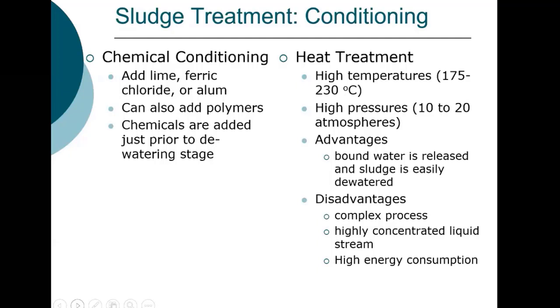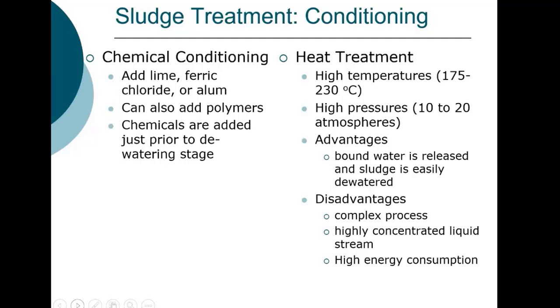The problem is, it's a complex process. That bound water that's released is highly concentrated, which then has to be directed to the headworks of the plant. Depending on the operation of this, that can lead to shocking, which means you're providing a high dosage of this concentrated stream, and that can affect your other processes.